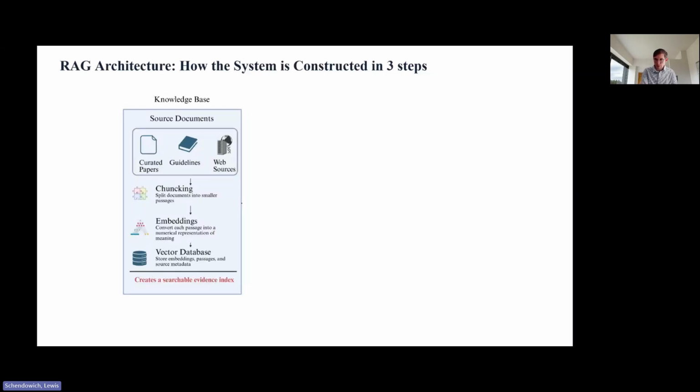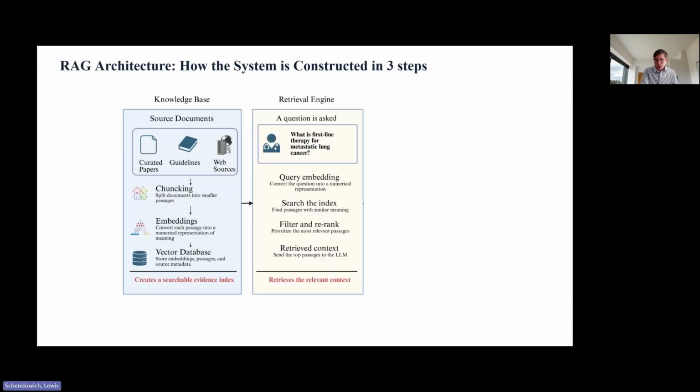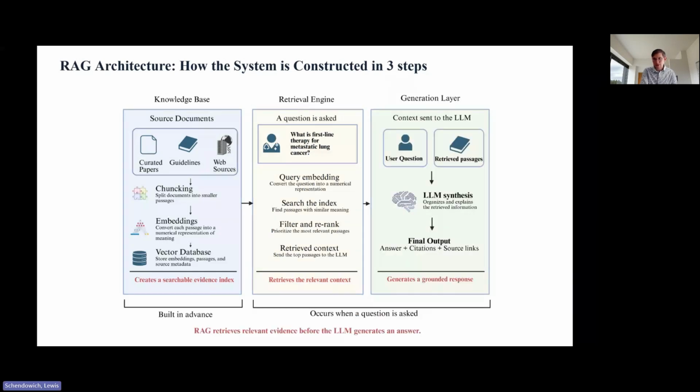It's stored in a database, which we call a vector database, and this creates a searchable, curated evidence index. Then, when a clinician asks a question, the retrieval engine finds the most relevant evidence and sends the top passages to the language model. Lastly, the generation layer produces the response.